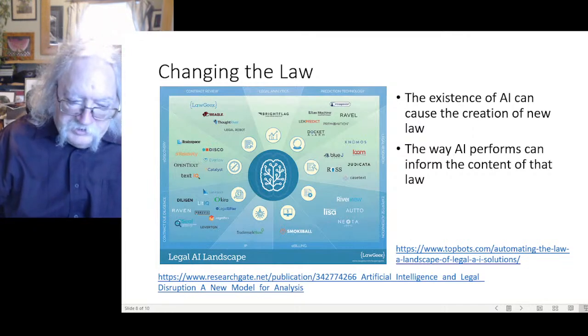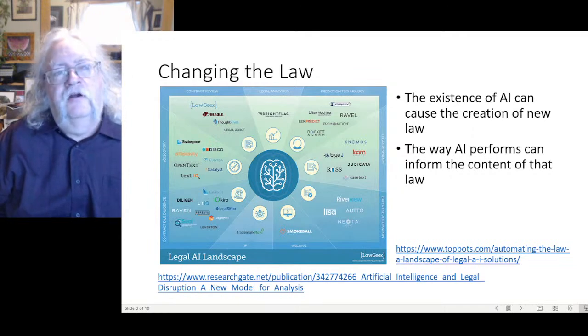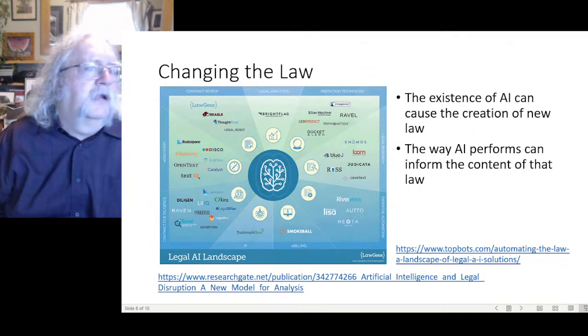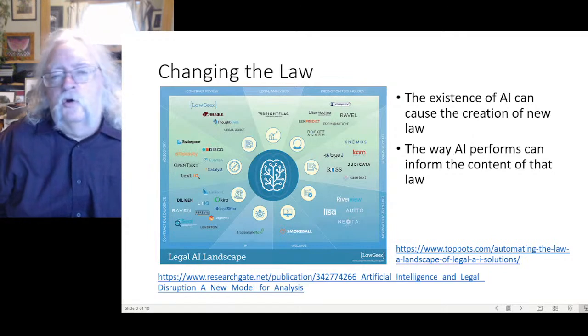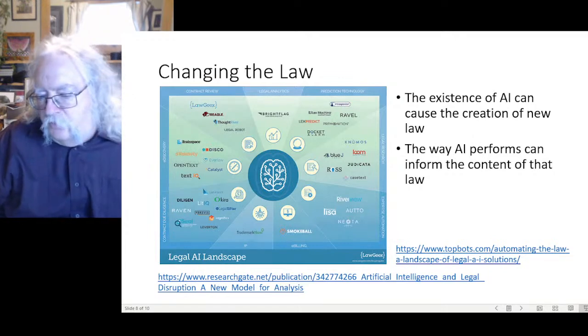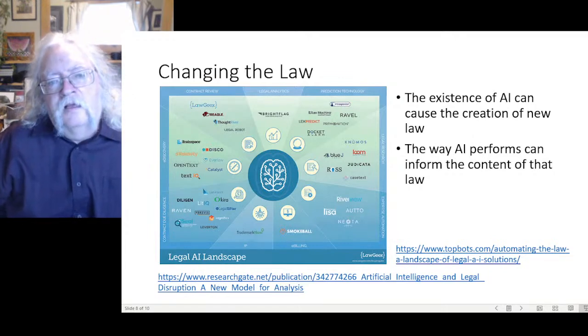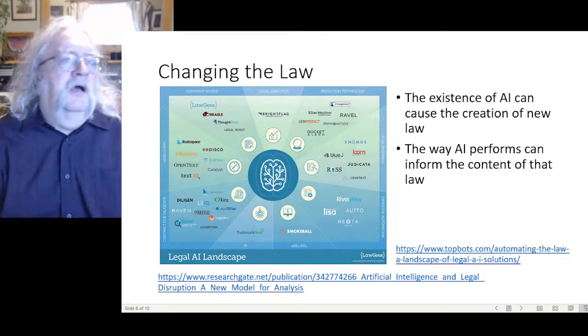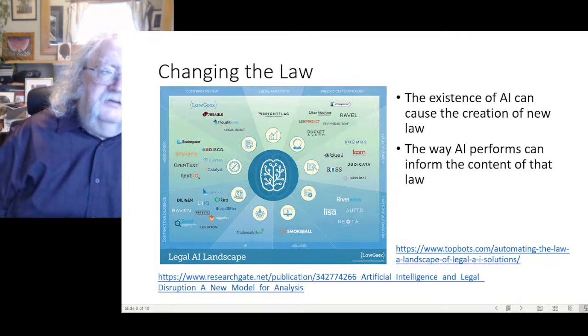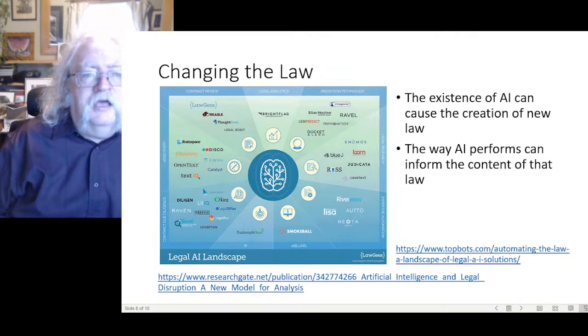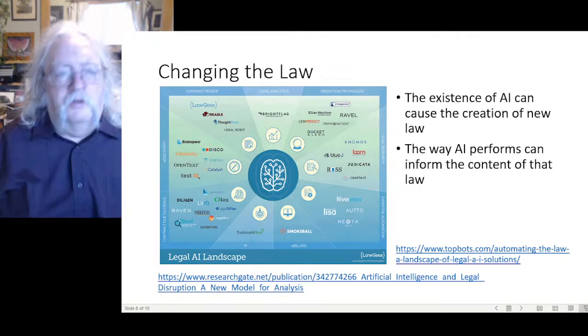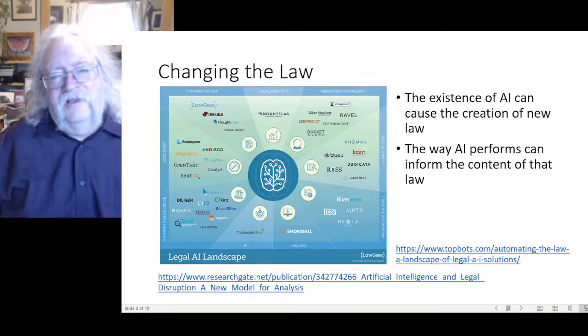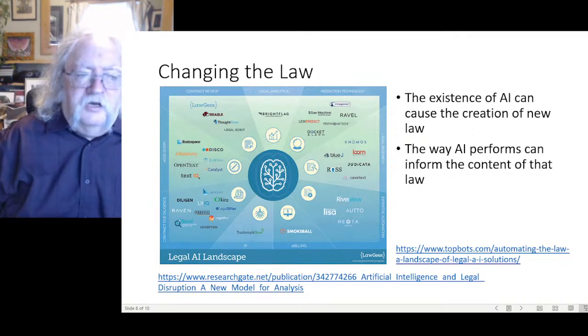A simple example was the scraping and use of faces on the internet for the purpose of facial analytics and emotion detection. There was no law against collecting all these faces and analyzing them. No law, and so this became, quote unquote, legal under the idea of code as law.